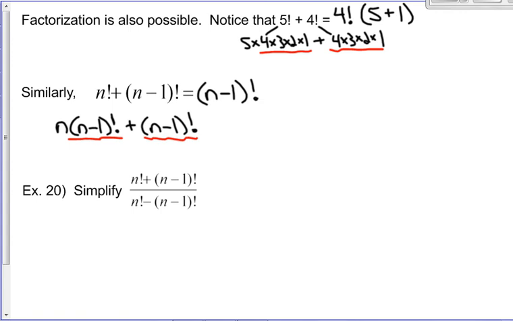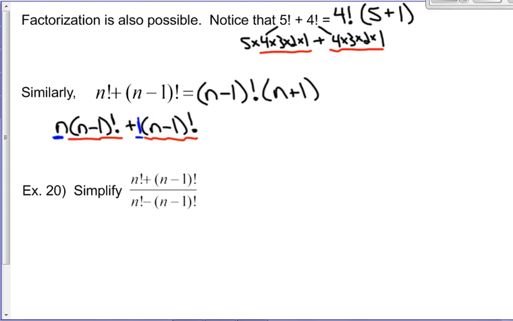What does it leave us with? It leaves us with an n and this secret coefficient of 1. So that's a way that we could simplify or rewrite that expression in factored form.